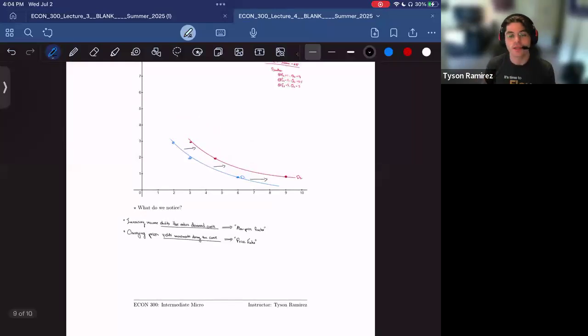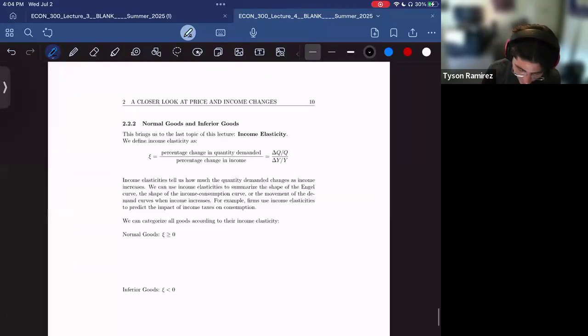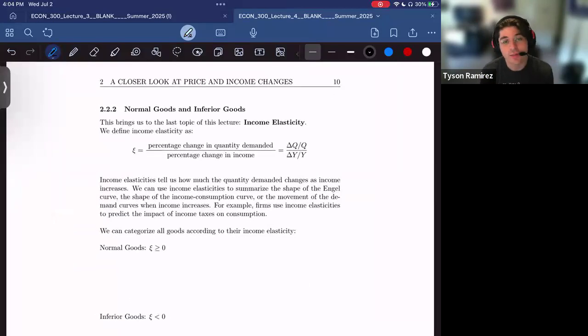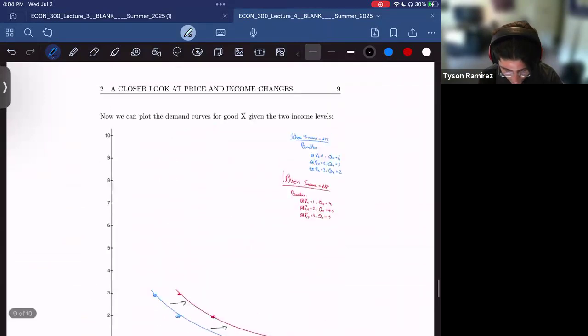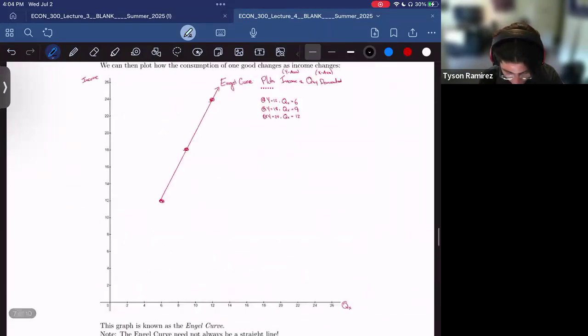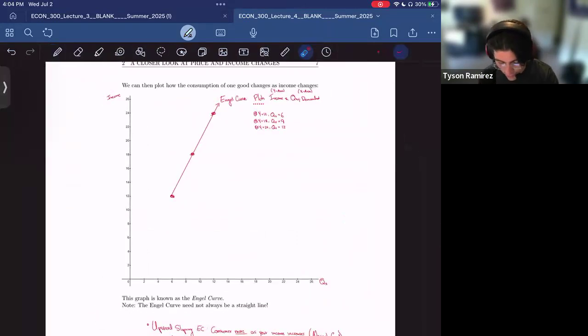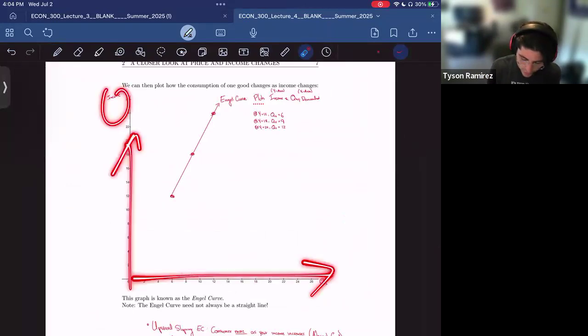Very good. Now, one of the last things I want to talk about, at least for this lecture, is the concept of normal and inferior goods. Earlier, two or three slides ago, we saw this Engel curve, and in it we saw that as income increased, so did our quantity demanded.